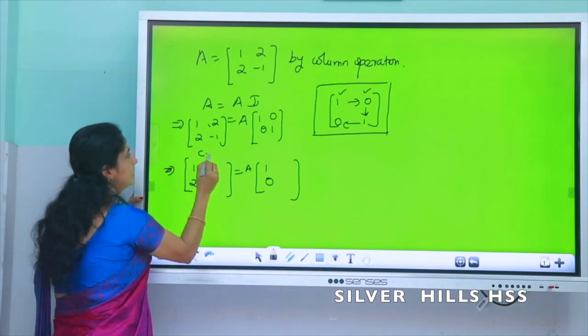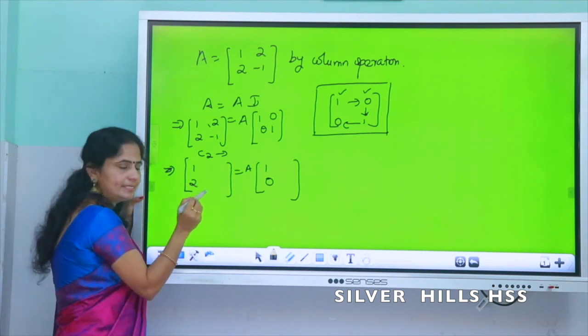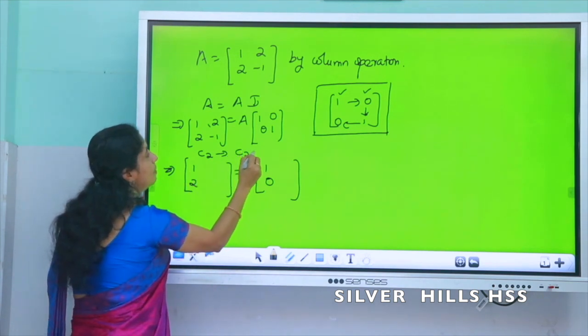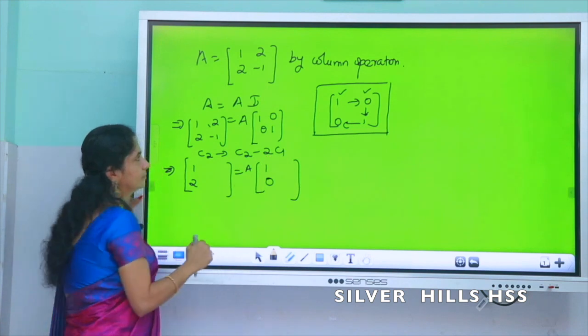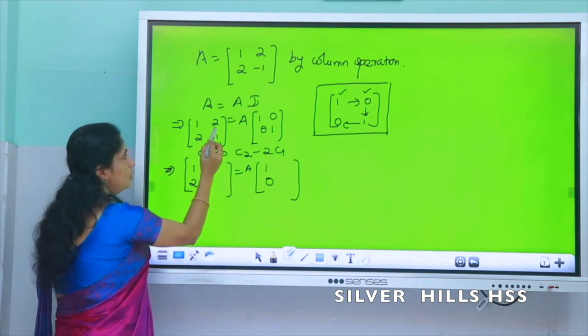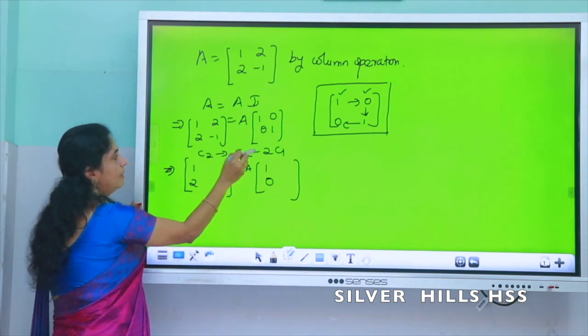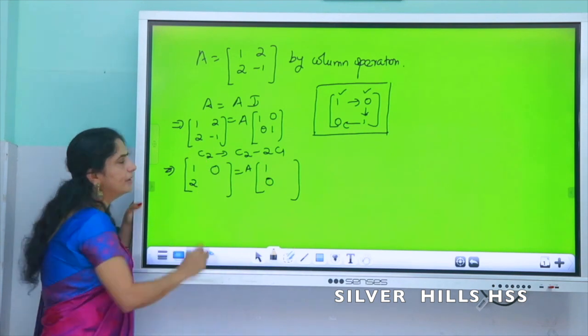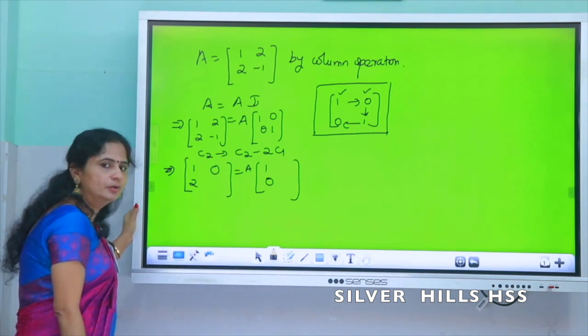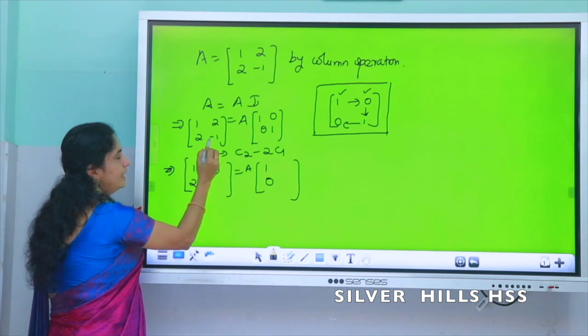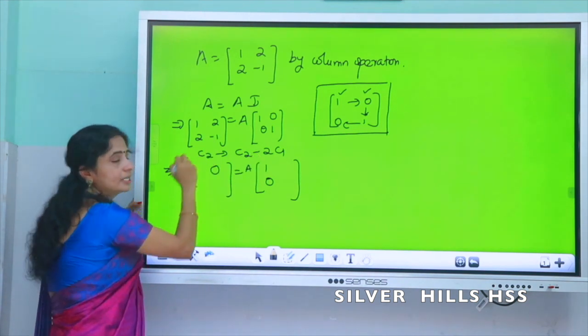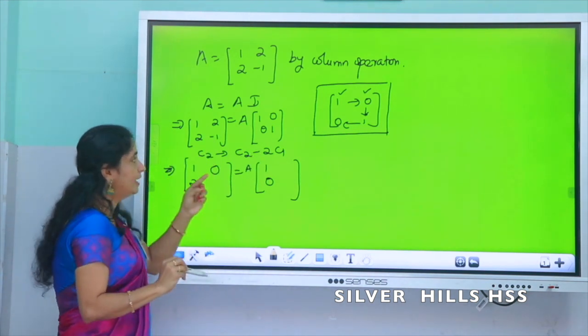Therefore, I can write the transformation C2 as C2 minus 2C1. So C2 is 2 minus 2 into corresponding C1. So 2 minus 2 into 1 is 0. C2 is minus 1 minus 2 into corresponding C1 is 2. So what do we get?